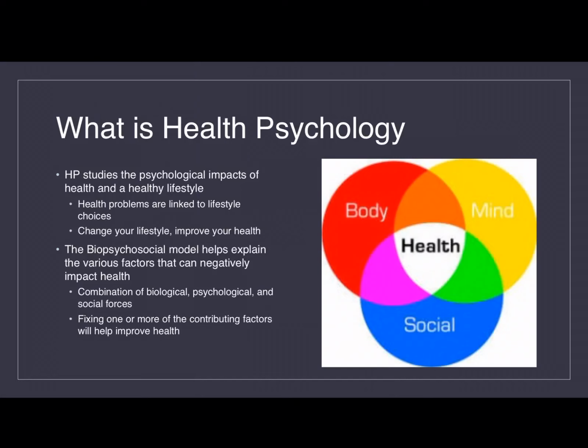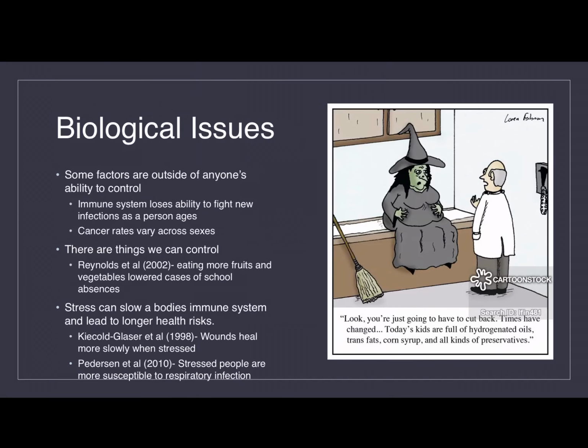So let's look at some of the biological factors that might be playing a role in all of this. All right. We know that some biological forces are just outside of your control. If you remember from AP Psychology last year, in our developmental unit, we talked about how as you age, your immune system tends to slow down, and so it can't respond to infections as quickly. During this COVID element, right, people that are most susceptible to getting it are those that are over the age of 60.